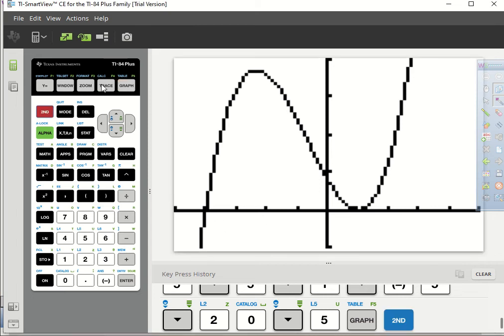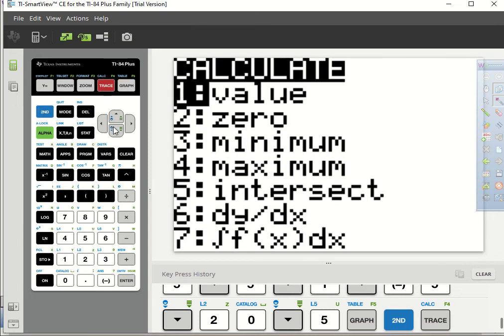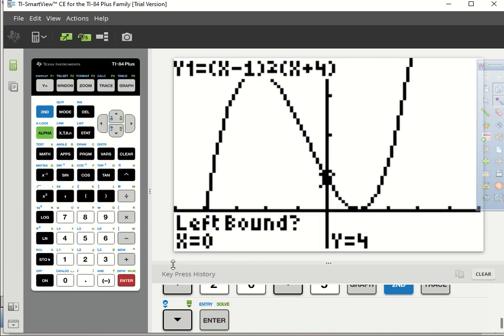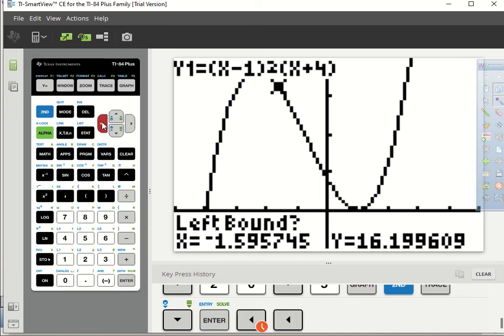So we're going to hit second calc, and we're going to type in 0. And then we're going to find the left and the right boundary of that. So it's a little hard to see up here.